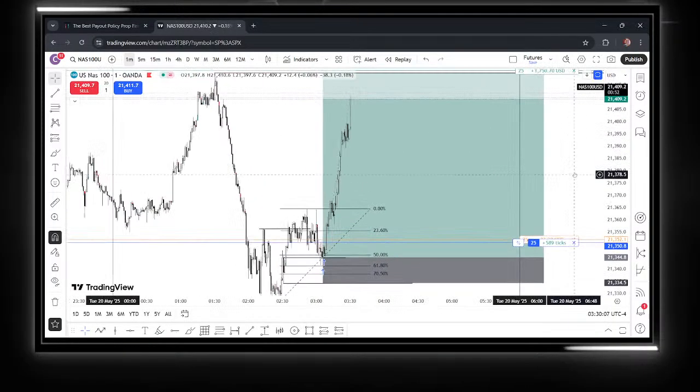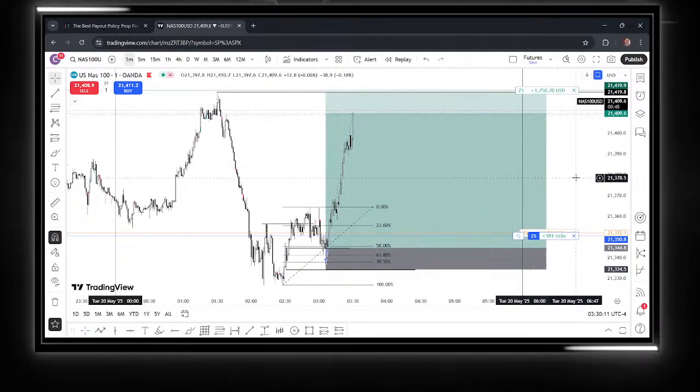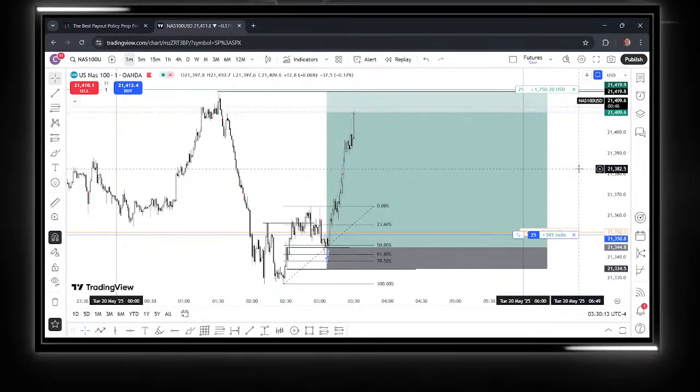So as you can see, this is price shooting up. With that, it will allow us to show that it's actually possible to trade and be profitable while following your trading plan and your risk management.